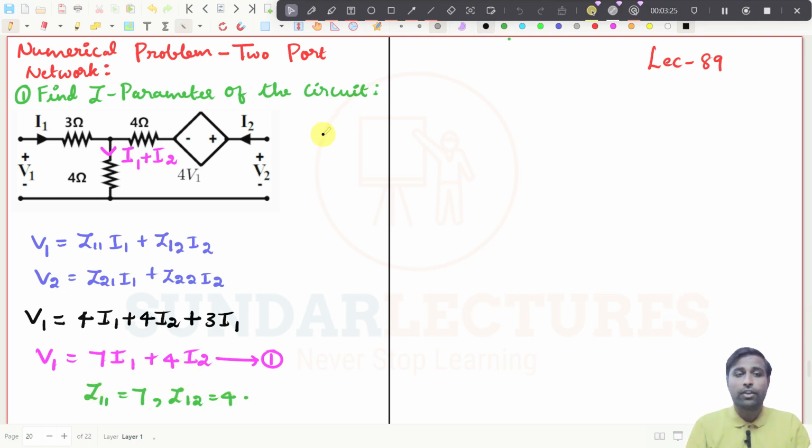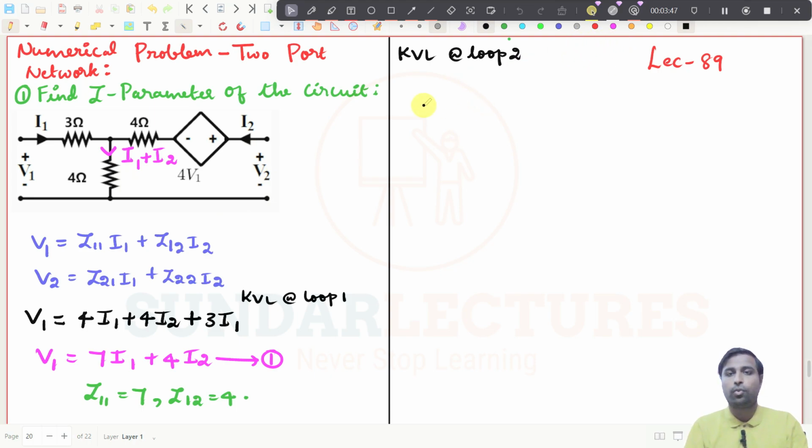Now we will write the KVL for the second loop. Maybe this is KVL at loop 1, and now we write the KVL at loop 2. See, the current direction is like this. If you want to get the value of V2, start from minus and end up in the plus.